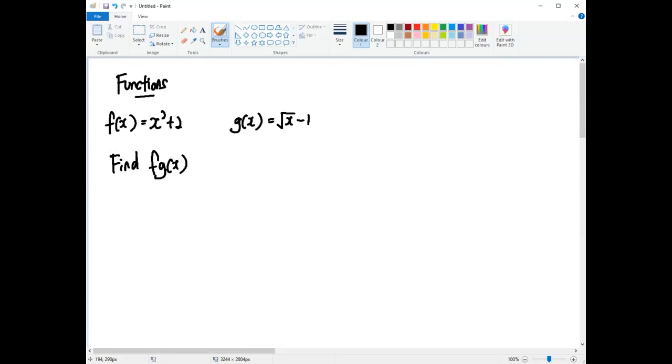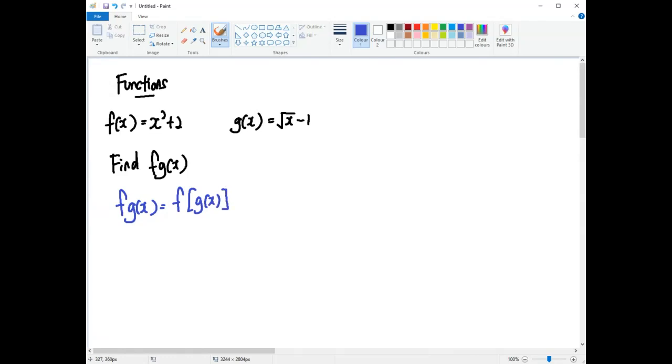What is f(g(x))? It is just the function g substituting into f.